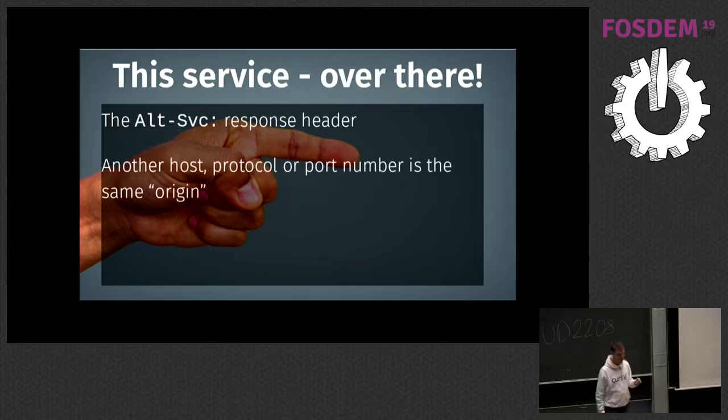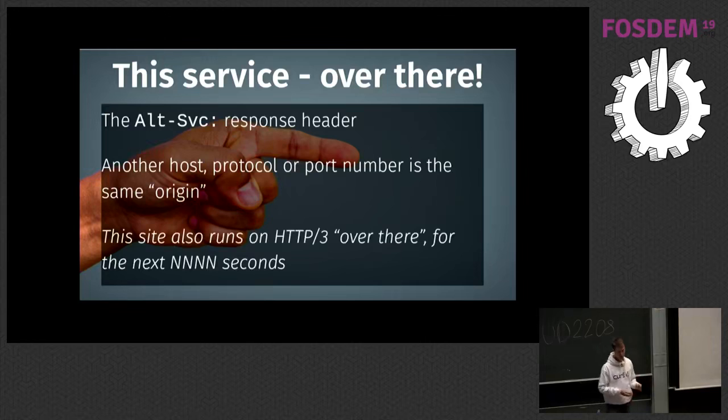So it says this origin is also available on this server, on this port with this protocol, which then could be the same server, of course, but you could say, access this origin with this other protocol and do it for a week or a month or a year or whatever. You have an expire time. So you could do it for a minute, you could do it for a week. Ideally, I would hope that we don't do it for minutes, but still.